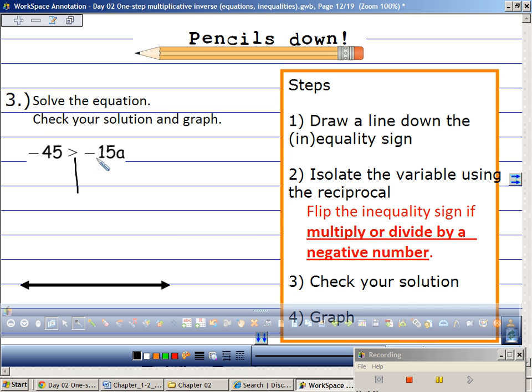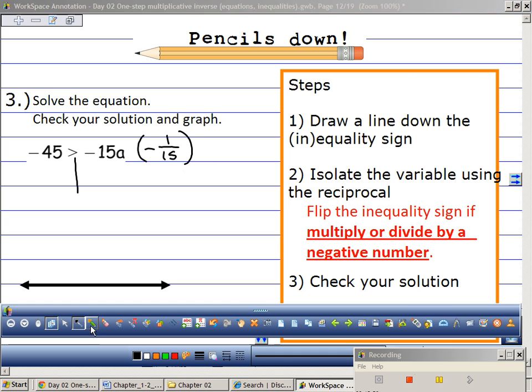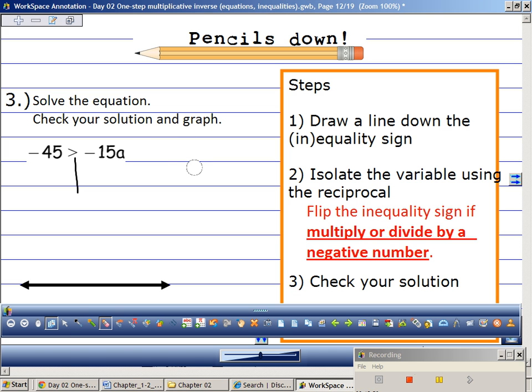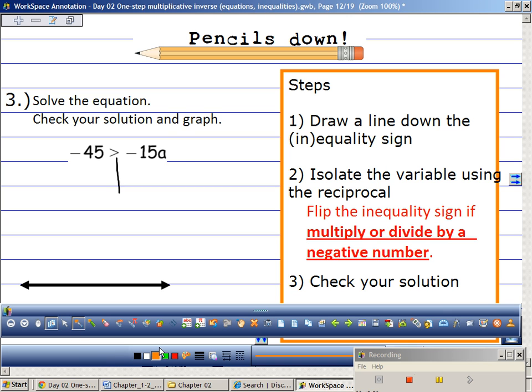I've got negative 15 times A. I'm going to multiply by the reciprocal. So I'm going to multiply by negative 1 over 15. I'm going to change my color.